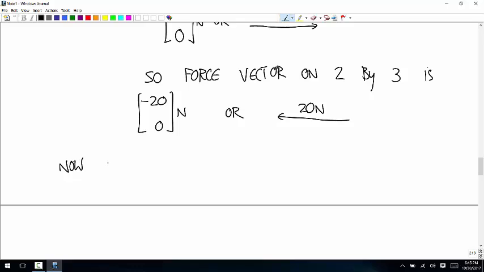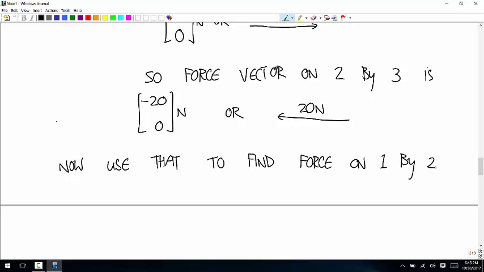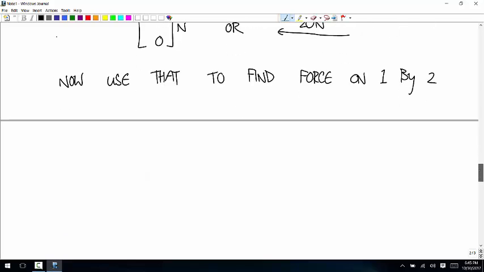So now let's use what we just calculated to find the force on the 1 kilogram by the 2 kilogram. So now I'm going to draw a free body diagram of the 2 kilogram.